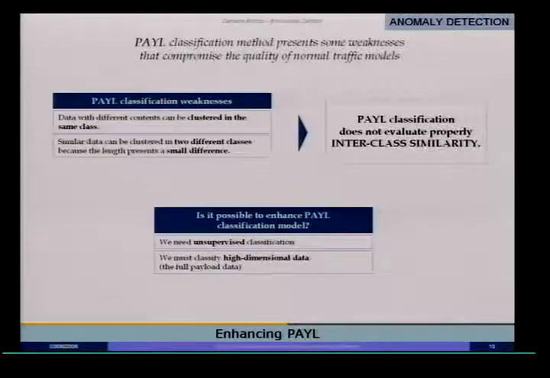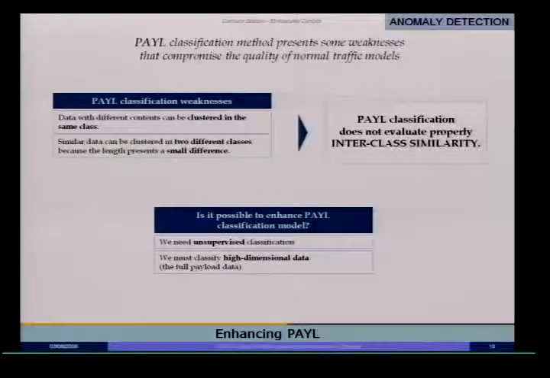So what can be done to improve PAYL? We need another parameter different from the payload length in order to build the models, and this parameter must take into account the whole payload information. We want the classification algorithm to work in an unsupervised manner, and we want that similar payloads are classified in the same class, and different payloads are split into two different classes.